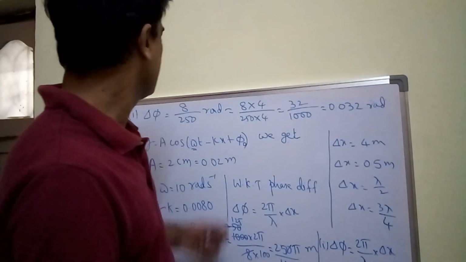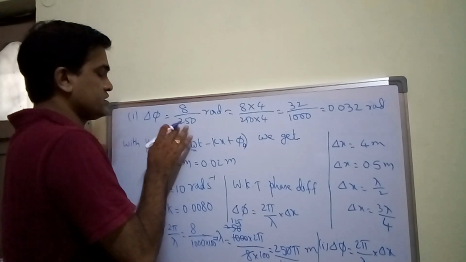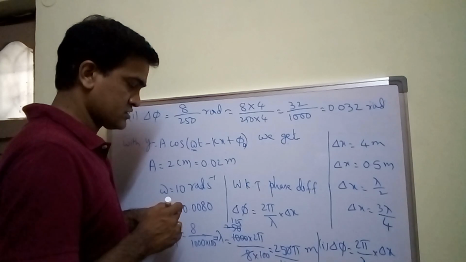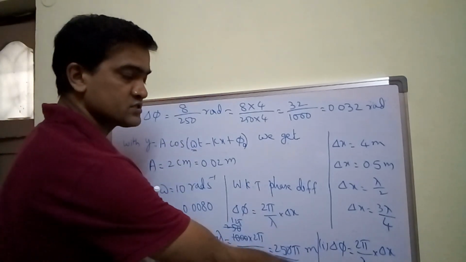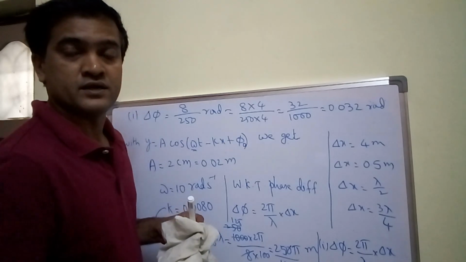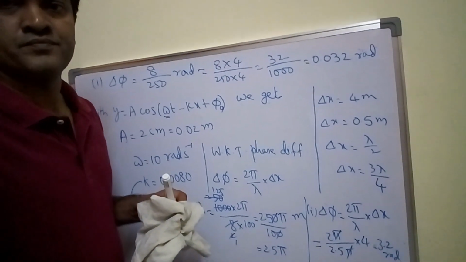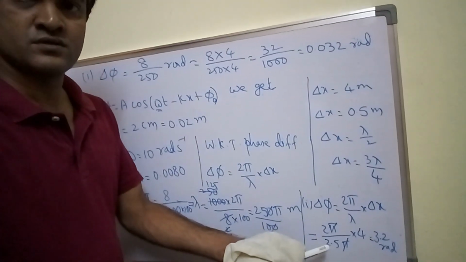So this is what you write here. Delta phi is equal to, okay, this is not required again, because here itself I got the answer. It is not visible, then I'll just bend it so that you can have a look. So this is the answer.